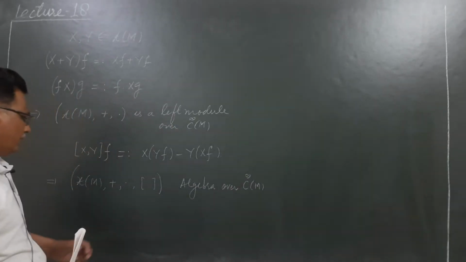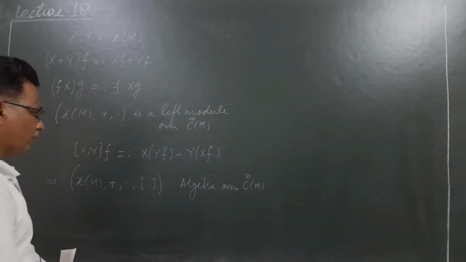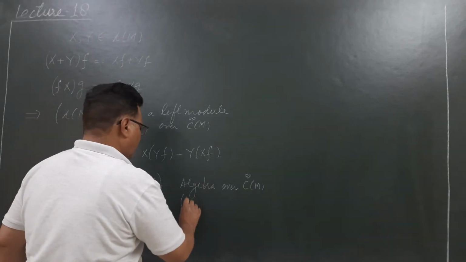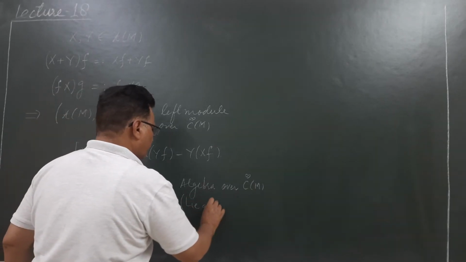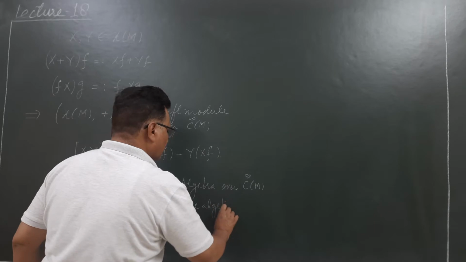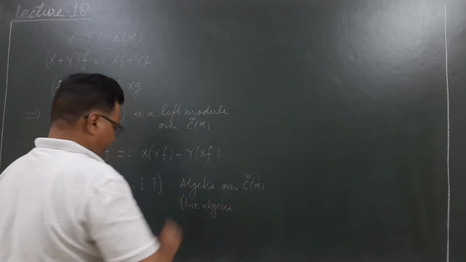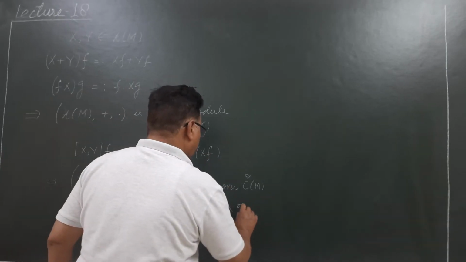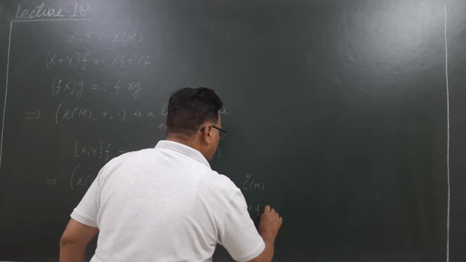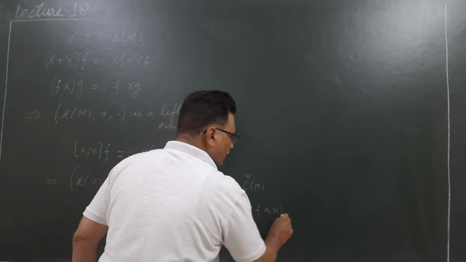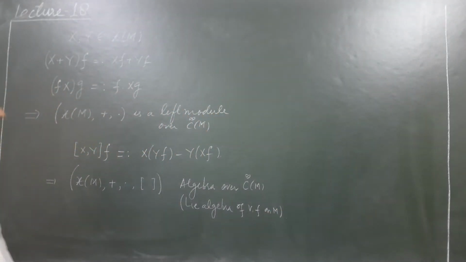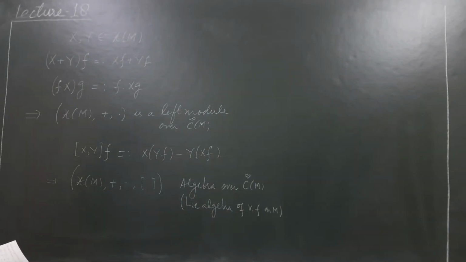And since the product over here is a Lie product, we call it a Lie algebra. So, this is the Lie algebra of vector fields on M. Yes, so these are some of the things which I discussed in my last lecture.